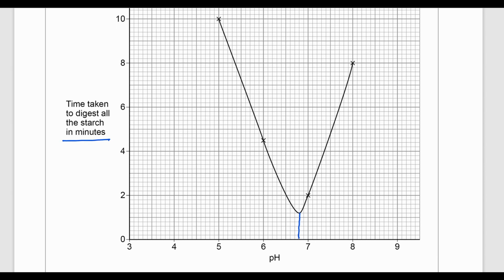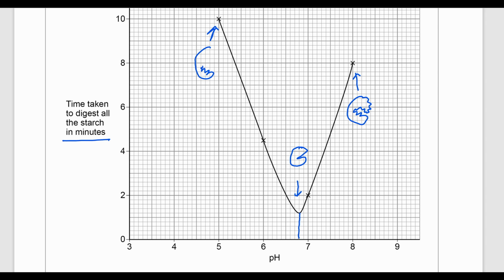So let's go to our graph now and let's think about how this relates to our enzyme. At the optimum, which we said was 6.8, our enzyme shape should be good enough for the starch to fit and bind. But when we go to pH 8 or pH 5, where the time it takes to digest is slower, we can figure out there must be a problem with our enzyme.